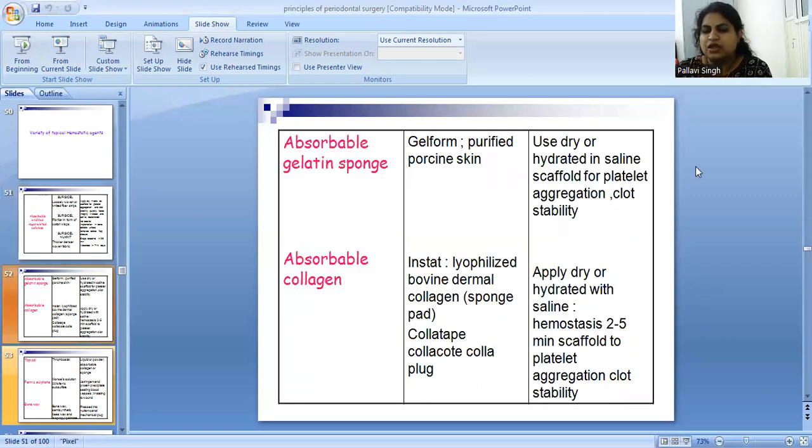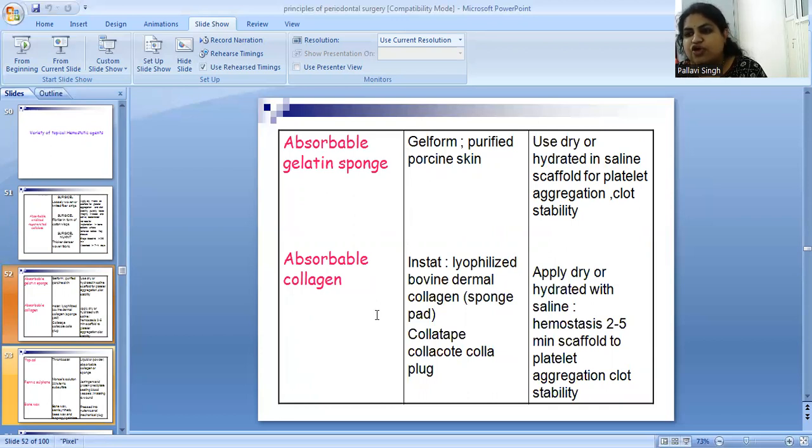Now, absorbable gelatin sponge, gel form. Purified porcine skin, used dry or hydrated in saline, a scaffold for platelet aggregation and clot stability. Thirdly, you can use absorbable collagen. It includes lyophilized bovine dermal collagen and CollaCote, Collagen Plus.